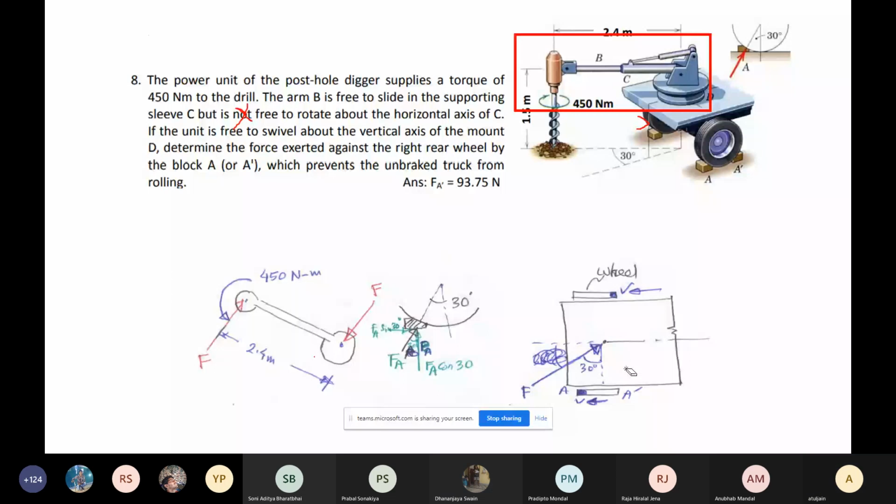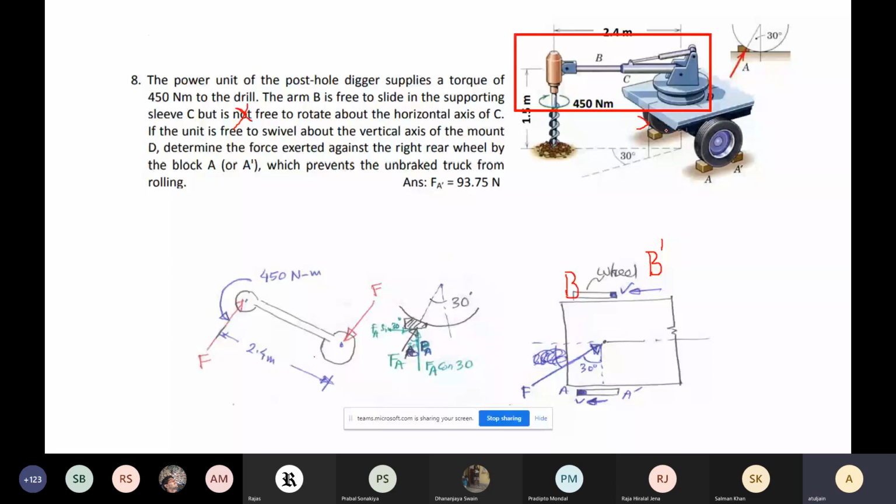Sir, can you please explain why both A and A prime cannot exert reactions? Sir, I did not get this point of A and B prime, and why only two points the force will have. This wheel is resting at two points, A and A prime. And this back wheel is resting at B and B prime.